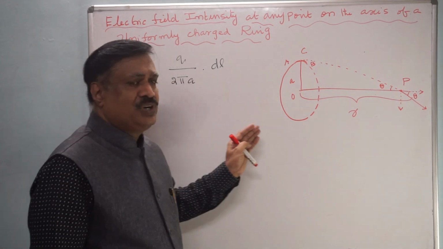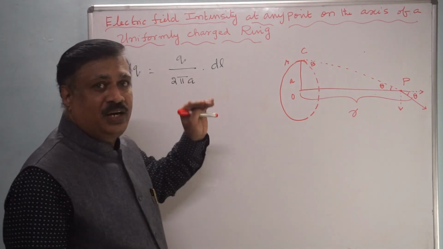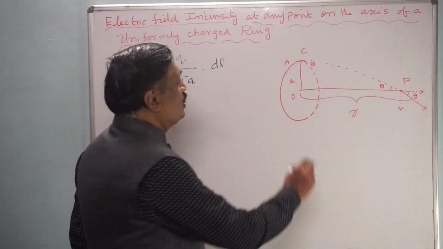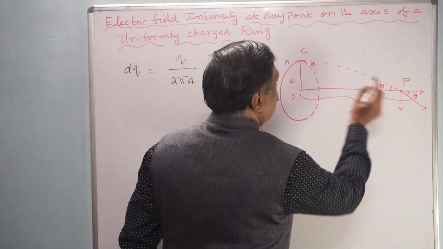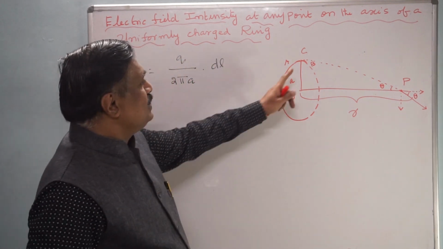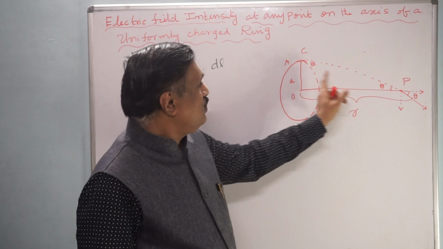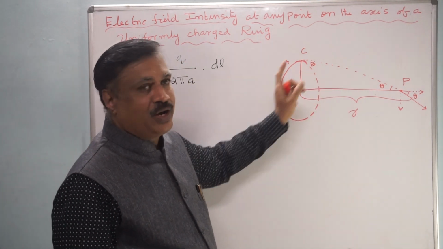Next, first we have to go for the electric field due to this element. Now this is C and this is P. What is the distance? CP is the distance, because we are considering only this point.